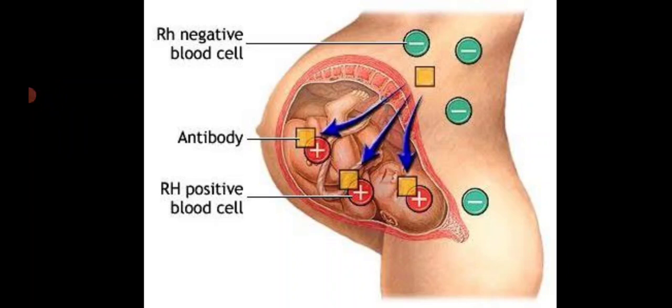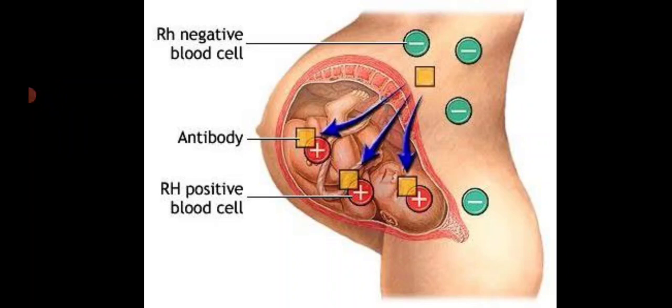So in this class, we are going to discuss the incompatibility, that is mismatch of Rh positive and Rh negative blood group. We'll see an example.